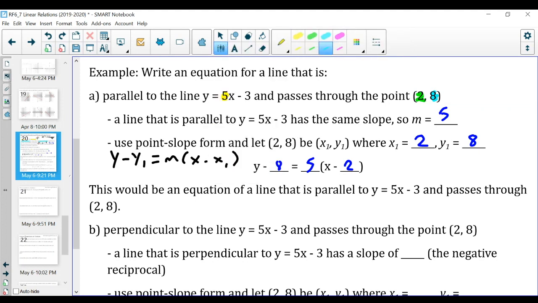And just to make sure we understand where all those numbers are coming from, my 5, which is my slope, is going to pop in right there. My x1 is going to pop in over there. And finally, my y1 is sitting right there. So this equation, y minus 8 is equal to 5 times x minus 2, would give us the equation of a line that's parallel to y equals 5x minus 3, and it passes through (2, 8).